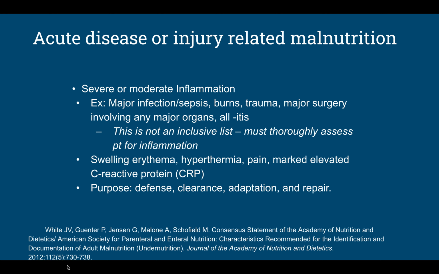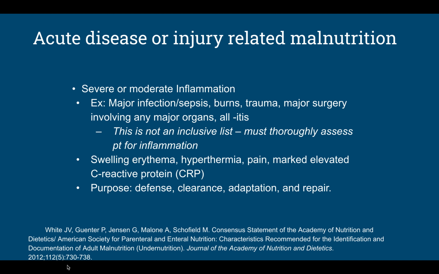It could be because of major surgery involving any major organs, and pretty much everything that ends up with "itis," which is inflammation: swelling, erythema, hyperthermia, pain, and markedly elevated C-reactive protein, and that's a lab that you might find sometimes.